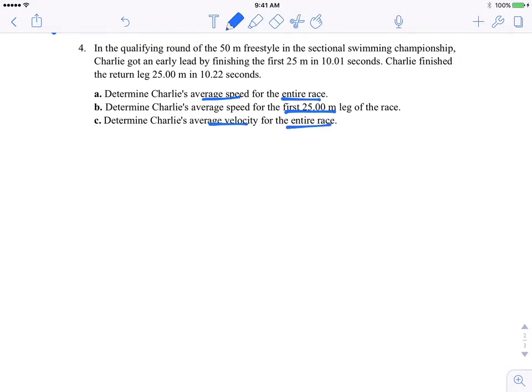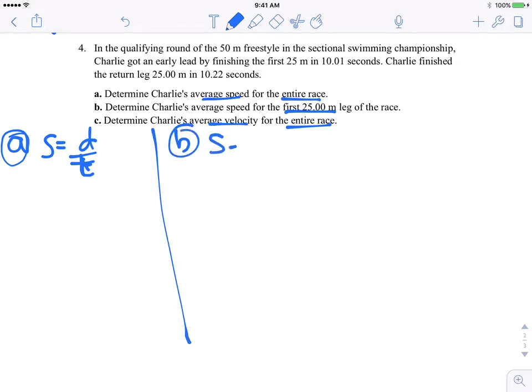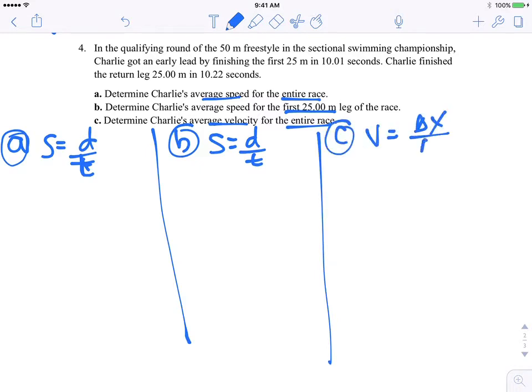So let's set that up. For A, we're going to use the total distance. Speed is equal to D over T. B is, again, speed is equal to D over T. And then for C, it is velocity is equal to delta X over delta T. So for A, it is his total, the entire race.